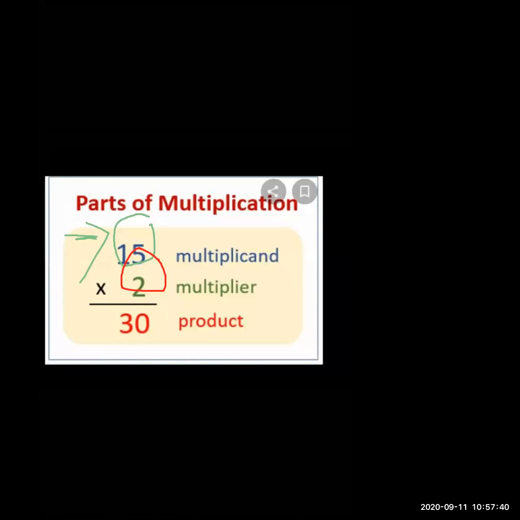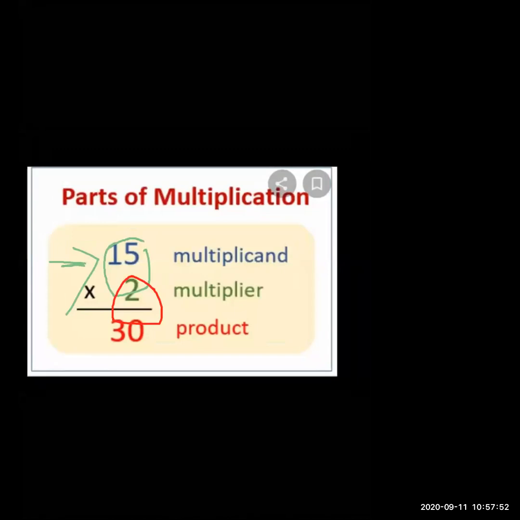So when you are going to multiply, at that time what will you do? 15 into 2. So how many times are you adding 15? Now everyone give a response in the chat box. How many times will you add this 15?